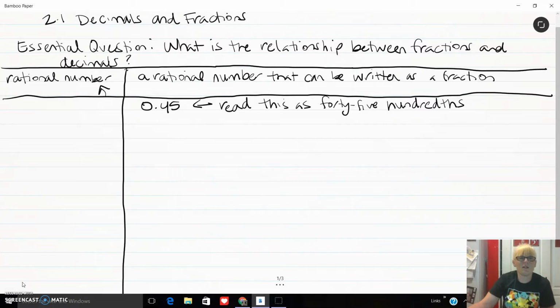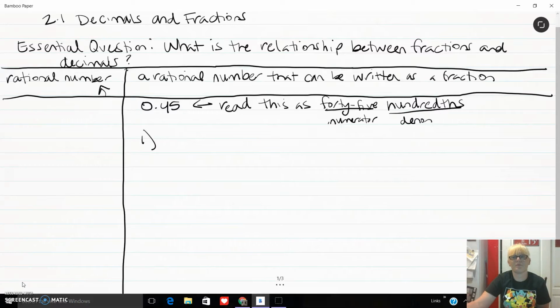Now turning it into a fraction is really easy because I already have my answers here. 45 is my numerator. Hundredths is my denominator. So I have 45 over 100.